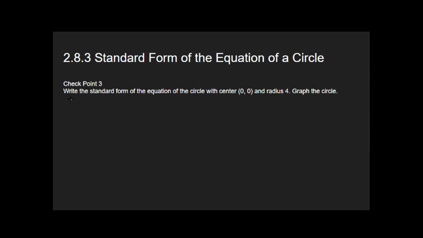So to set this up, I'm going to go ahead and write my generic equation first. X minus h squared plus y minus k squared equals r squared. And then I'm going to plug in my center points, ordered pairs, and my radius.